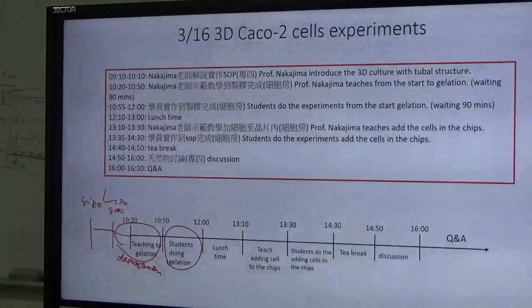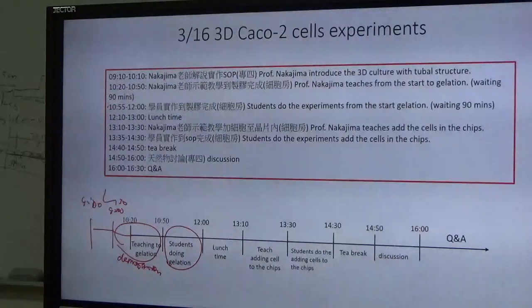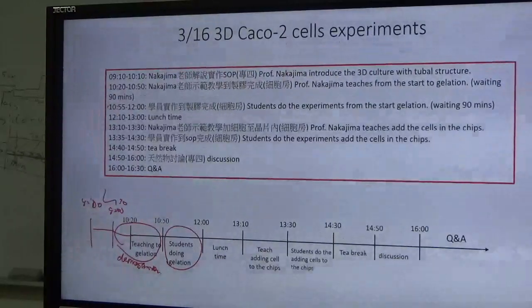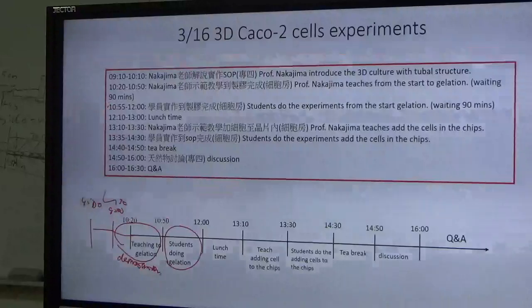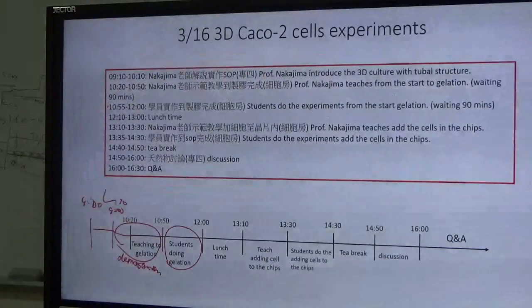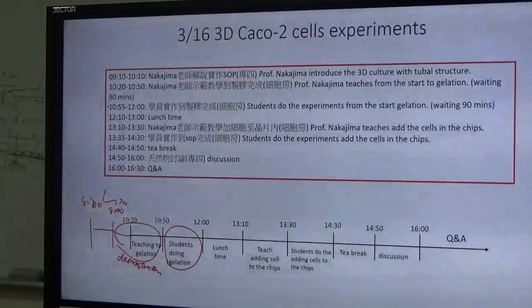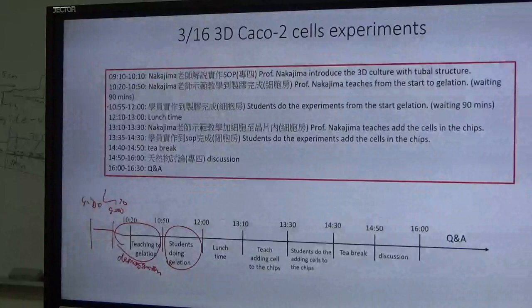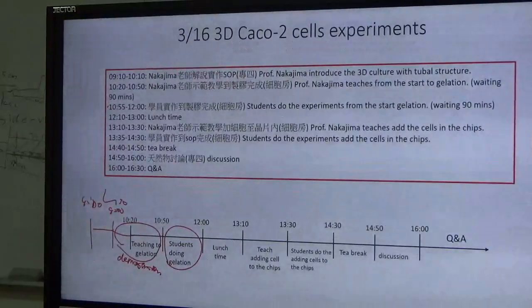And today Kojima, they are so smart, will mimic and let the students practice. But Kojima said this does not work, so we need the center. So it's okay, they will practice outside the center.